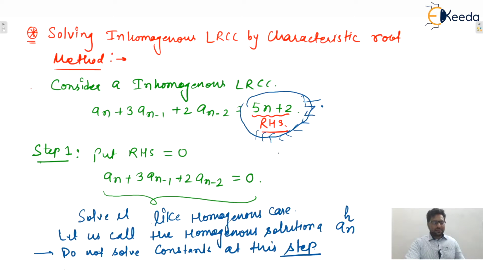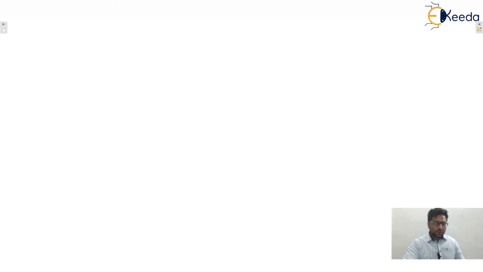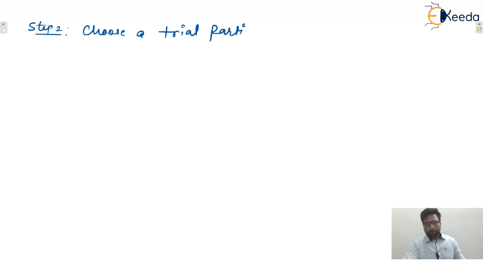So what is the next step? That is step 2: choose the trial particular solution. Write down the second step. Step 2: choose a trial particular solution.